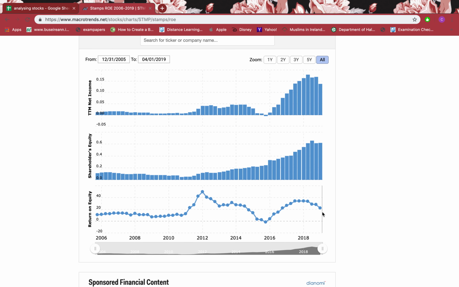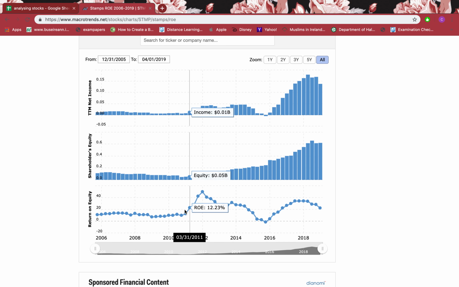It has been more than 8%, and let's look at previous trends. In December 2015 it was in minus, which is not good, and then it was below 8% for a while.